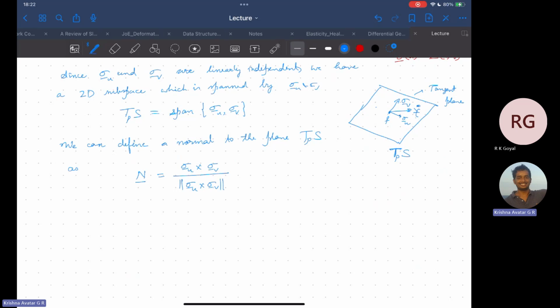This is the Euclidean norm; for any vector x, it is the square root of x1 square plus x2 square till xn square. This normal vector is always unit normed by the very definition.